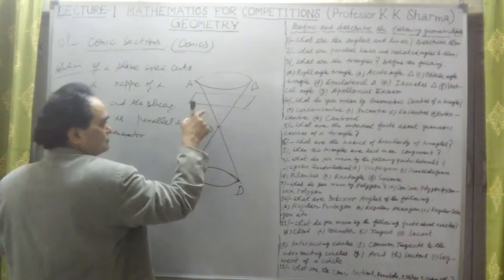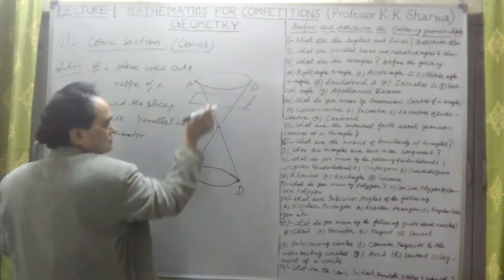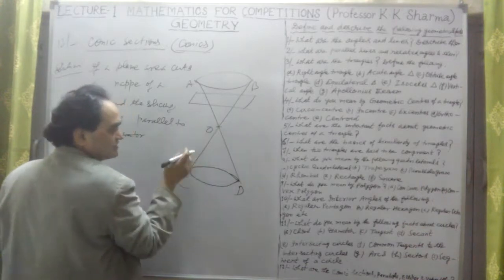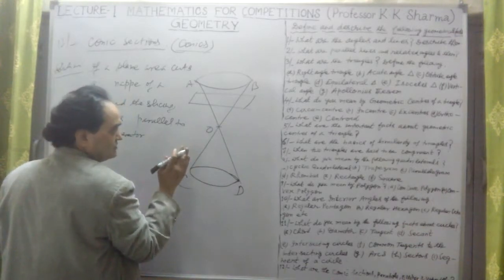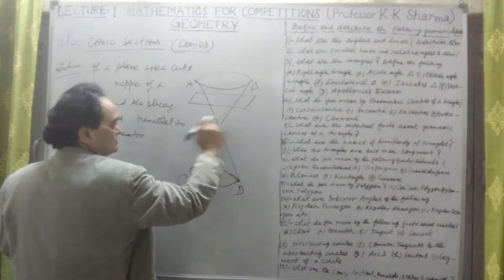This is the vertex of the cone. If I cut here at the vertex, no conic section is obtained. The plane has to be parallel to the generator.